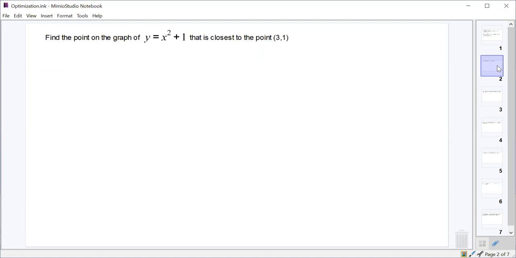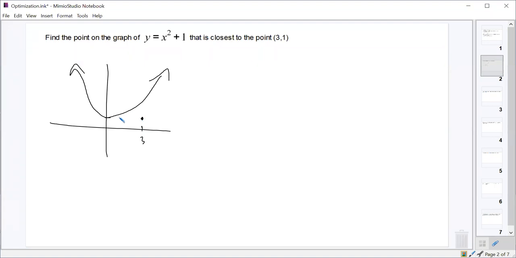Oh, good. I was going to say, don't say the point on the graph that is closest to this point. No. We were looking for a minimum distance. So here is x squared plus 1. And here is the point 3, 1. Right. So we are looking at a distance between this point and the function.